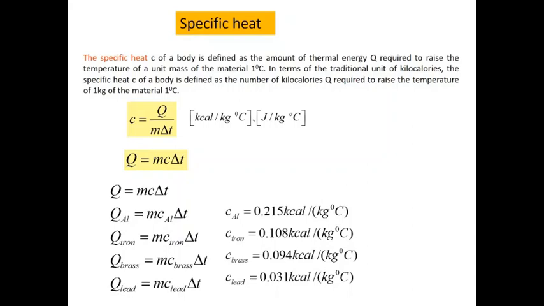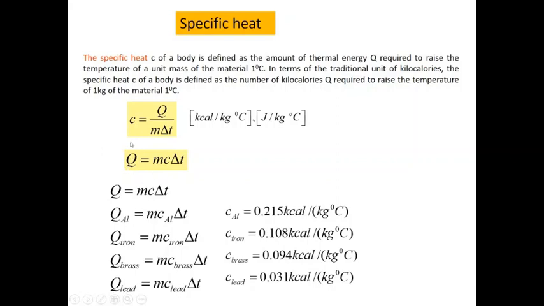So the specific heat of a body is defined as the amount of thermal energy required to raise the temperature of a unit mass of the material by 1 degree Celsius. To understand what specific heat is, you can see this formula.